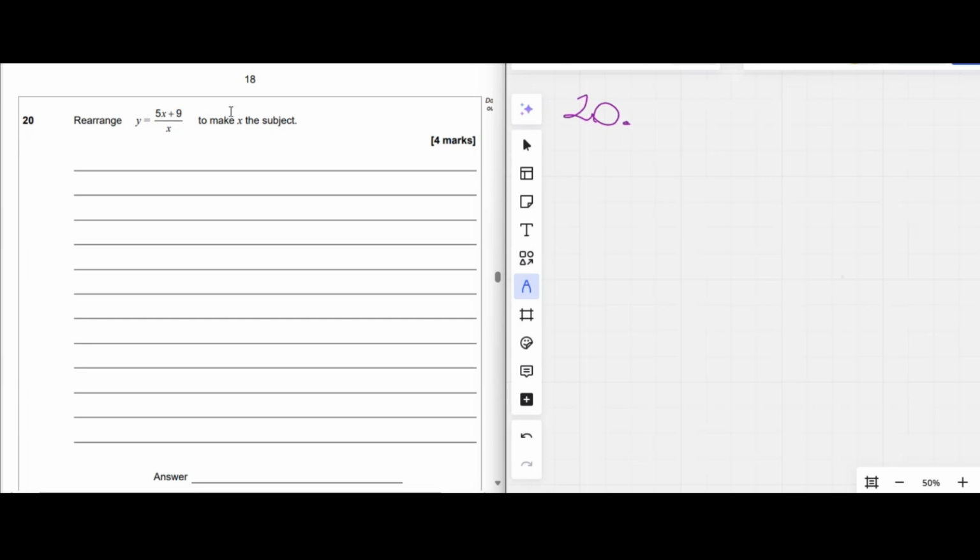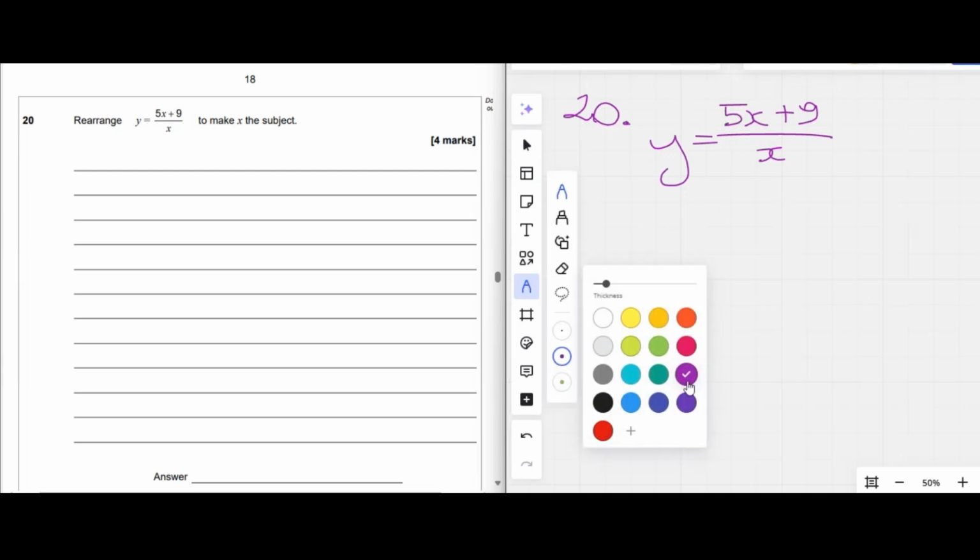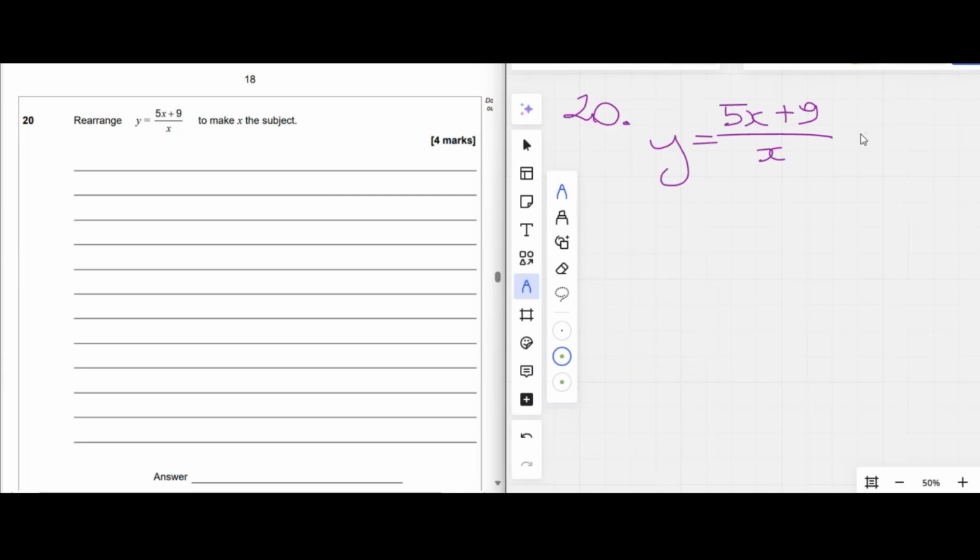In 20th, we need to rearrange to make x the subject. First, let's get rid of that fraction. To do that, we can multiply by x over 1 here to cancel that, top and bottom.